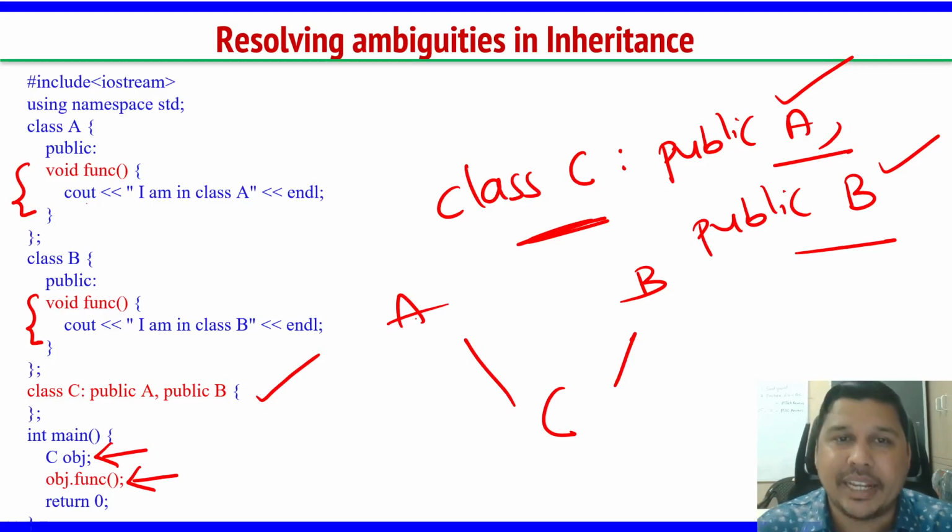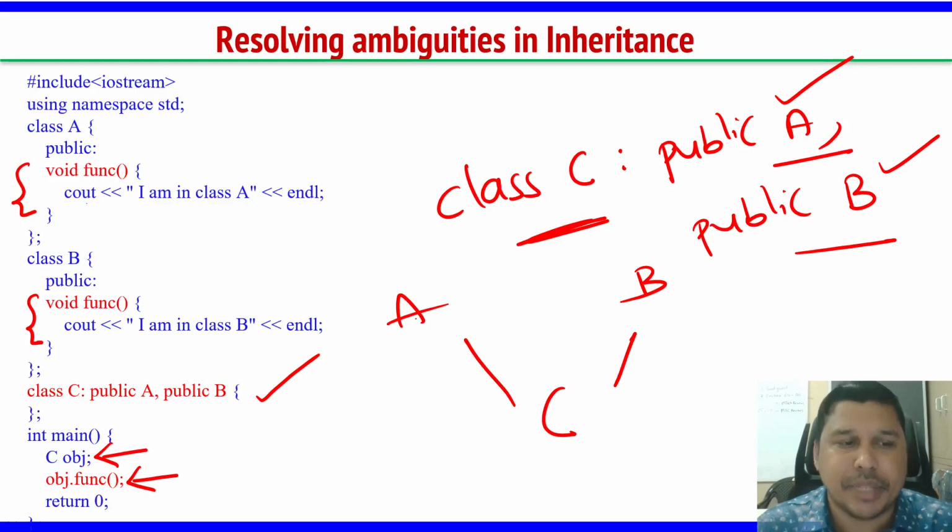This is an ambiguity. Ambiguity means confusion. So the compiler will throw an ambiguity error saying that there are two functions with the name func. I do not know what to do, which one to select? It will simply throw an error. This happens in inheritance.